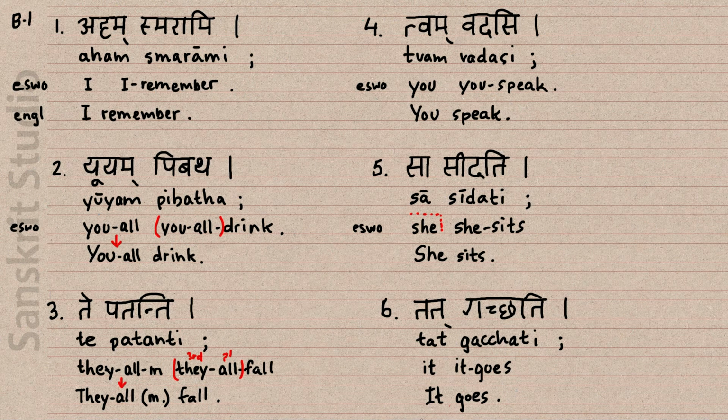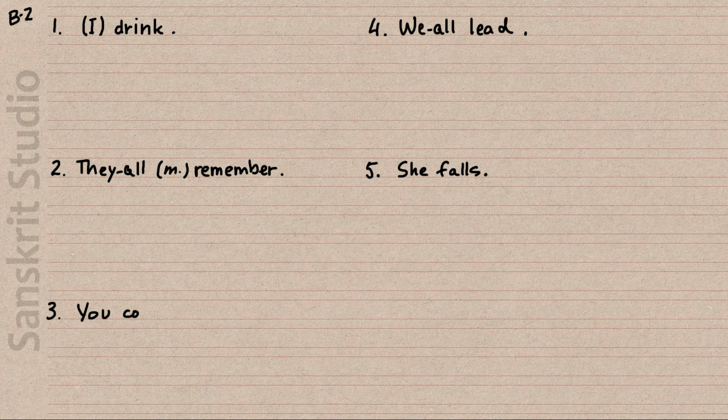And we are proceeding here to B2, the second and last sheet, and we're doing the other way around now, from English to Sanskrit. So we have bracketed with a parenthesis here the pronoun, so we only are interested in expanding the verb or clarifying the verb, as I usually say. I drink.